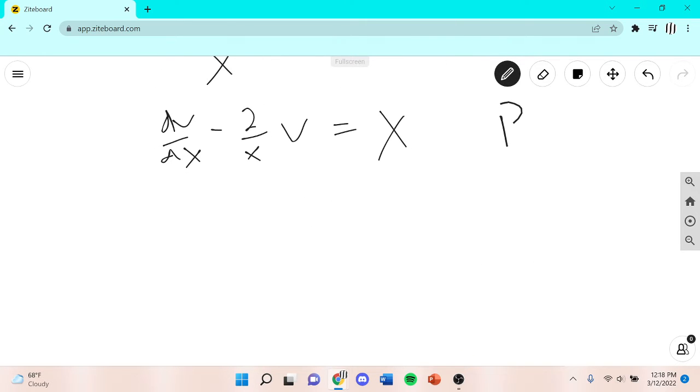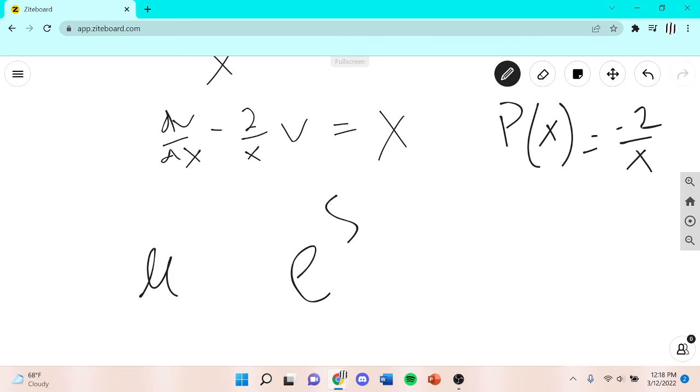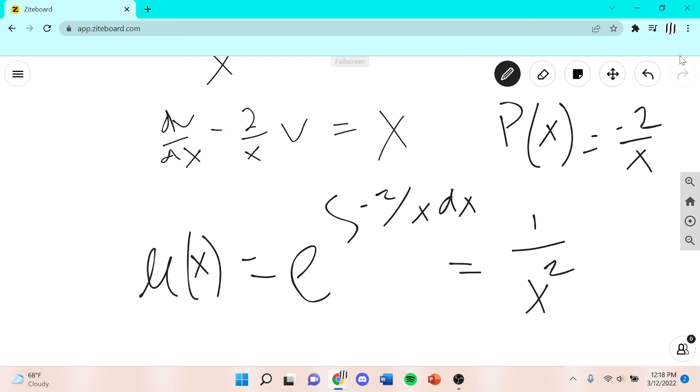So we know that p of x is equal to negative 2 over x. So we're going to say e to the u of x, where u of x is the integral of negative 2 over x dx, and that's equal to, you could just do this quickly, 1 over x squared. And this just comes with practice in the end.